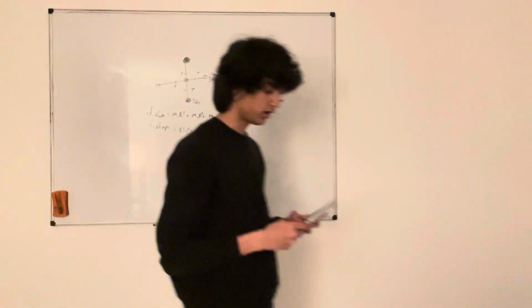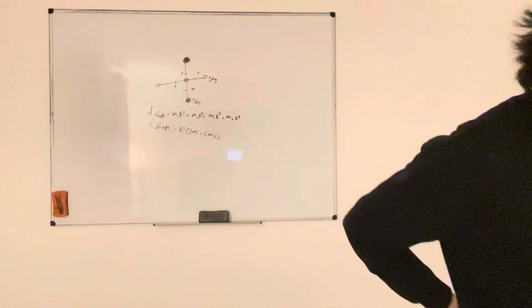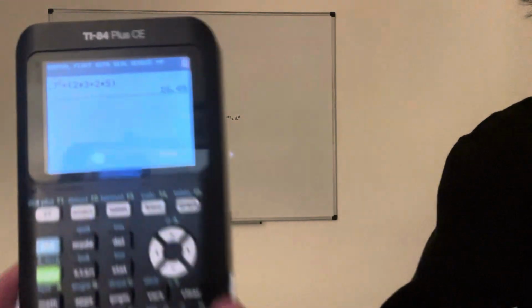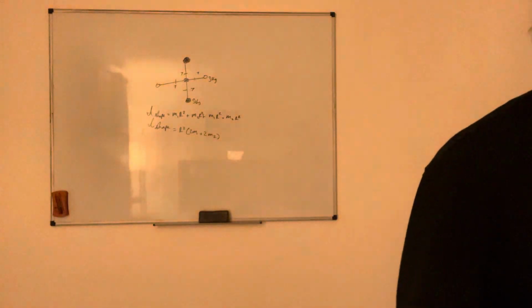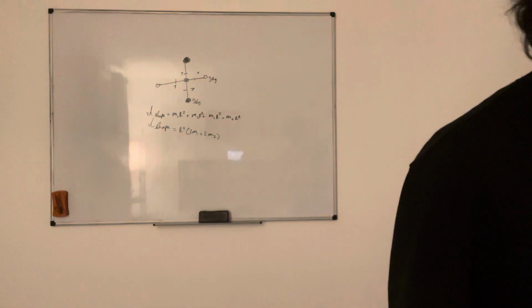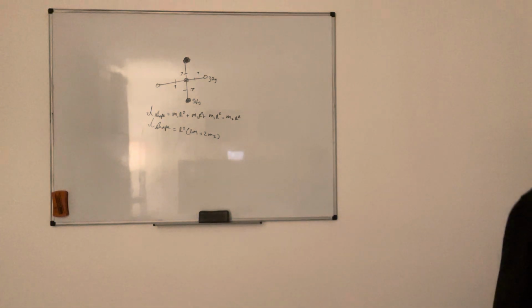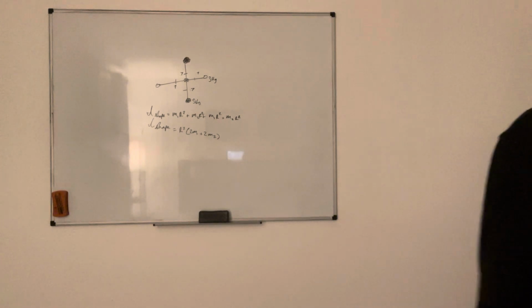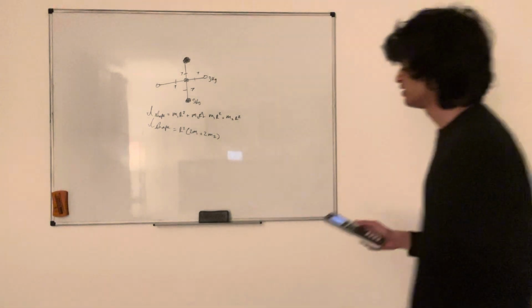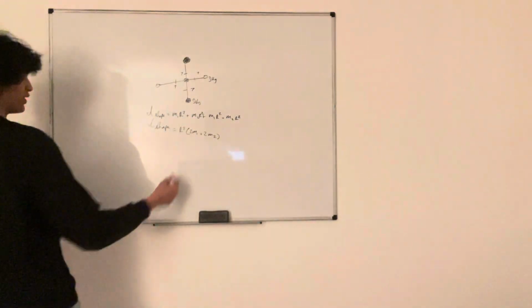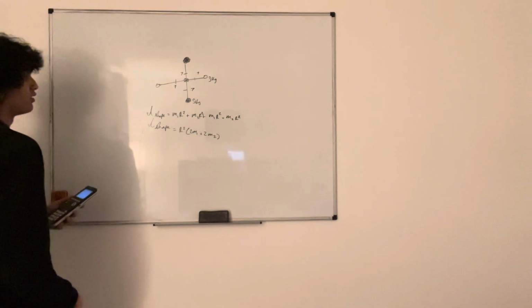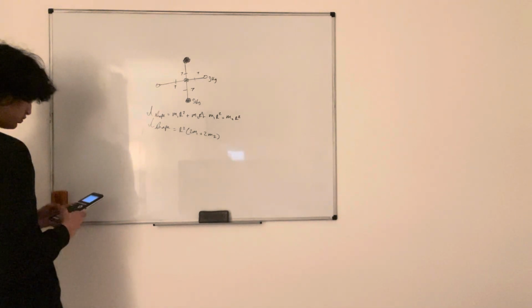You should get... I don't know if I did it right, because I got 16.49, and I wrote down 7.81, so I don't know where I made a mistake. Let me just check. I did 0.7 as radius, squared it, and then I did 2 times 3 plus 2 times 5.